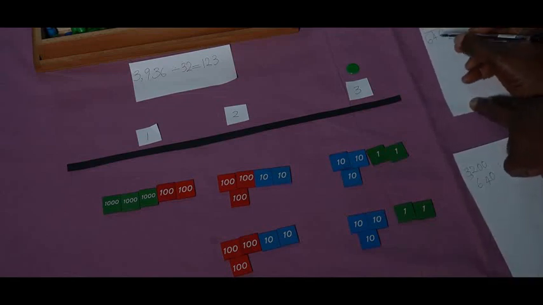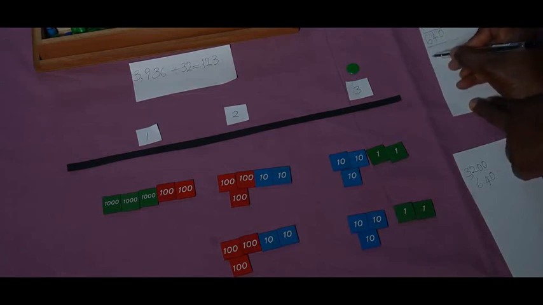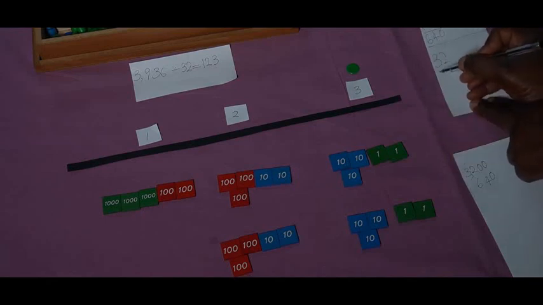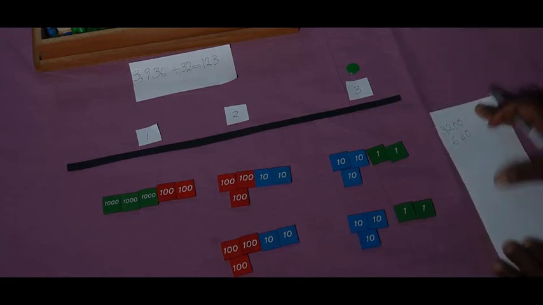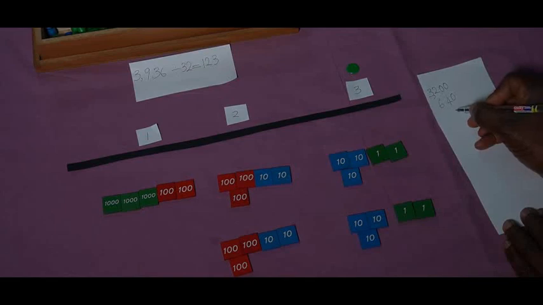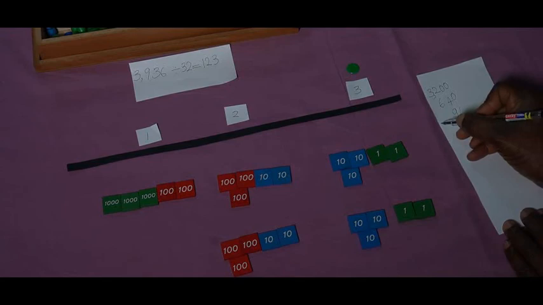So let's calculate our value here. 32 units in 3 places. So I have 2 times 3, 6, 3 times 3, 9. So 96. Now let's add everything together.